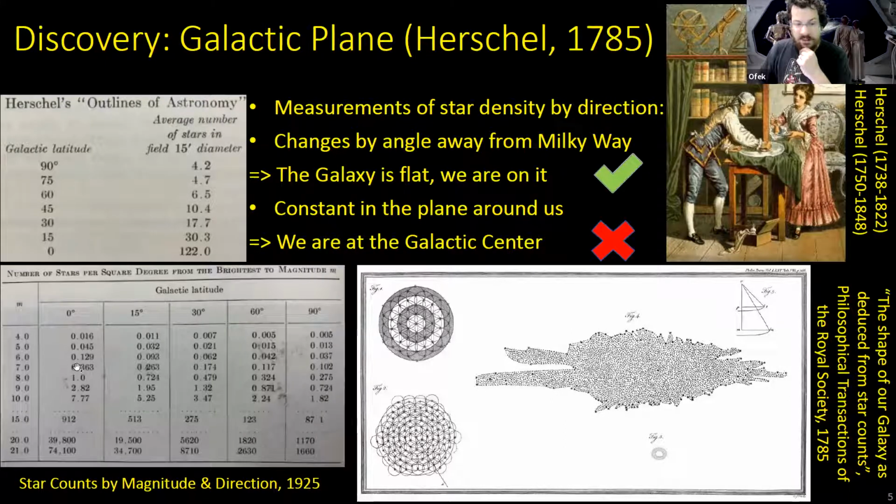But the other trend is that while at every angle you can see many more stars the deeper you look, you also see that the higher you look away from the galactic plane, the fewer stars you count, while towards the galactic plane, you can count more and more stars.